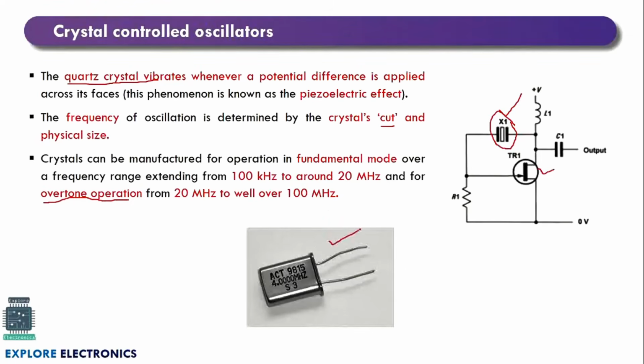You can observe this is the practical crystal oscillator device we are going to get practically. On this it is mentioned it is going to give 4.0000 megahertz of frequency. This is what a crystal oscillator is.